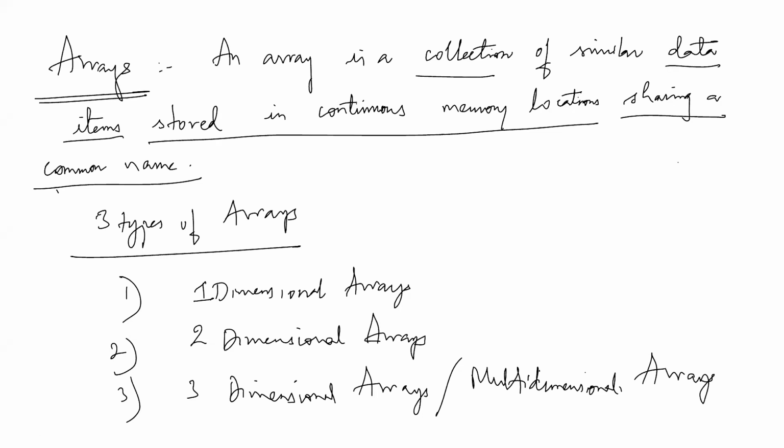Simply speaking, it's the arrangement of data in memory and the operations that we can perform on the data present in the memory. We have 2 types of data structures: primitive and non-primitive.